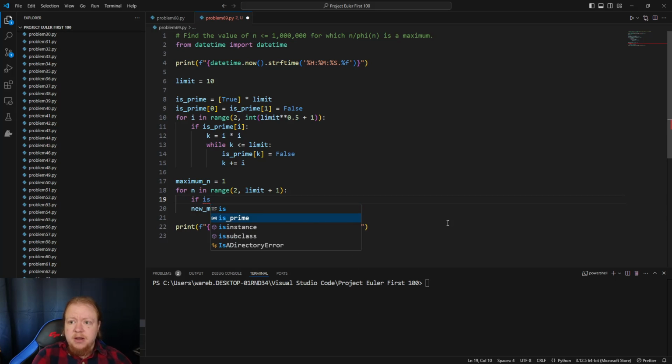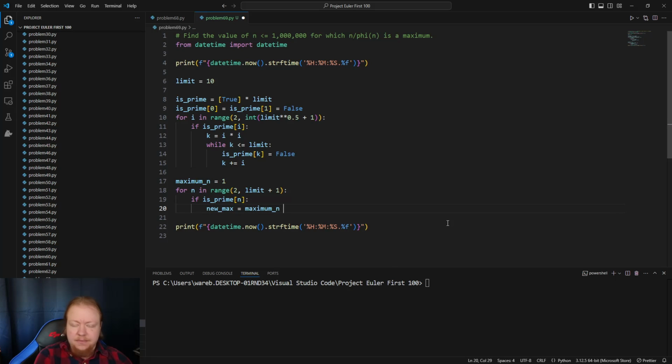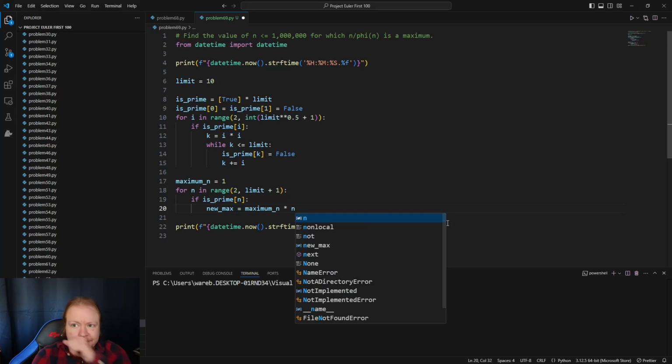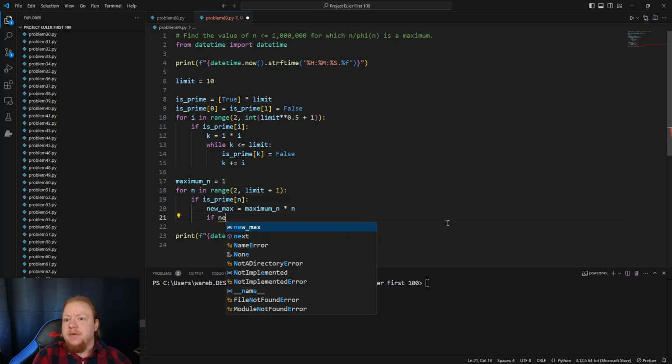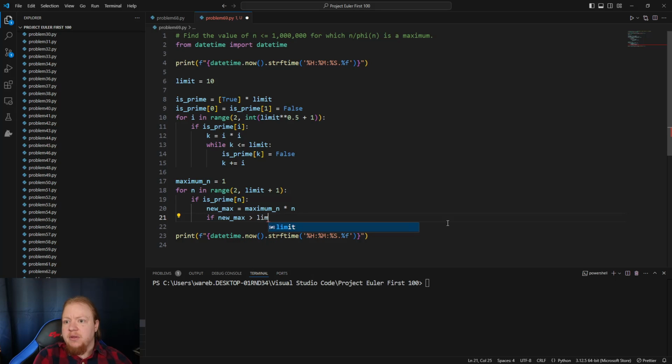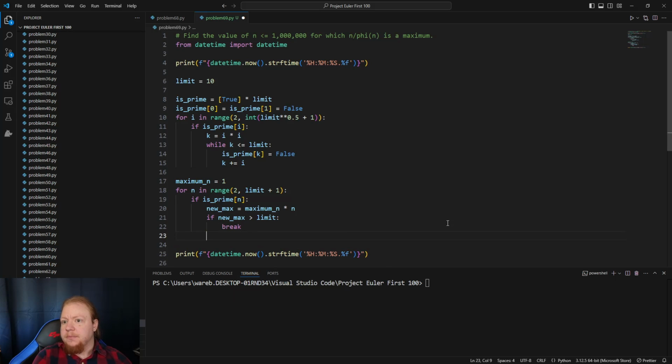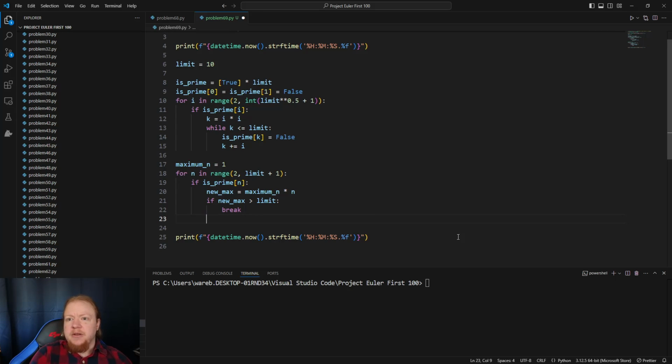If is prime n, then new max is maximum n times n. And then if new max is greater than limit, break, which should break us out of the entire for loop.